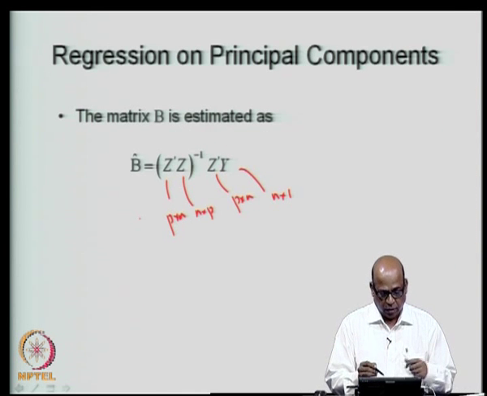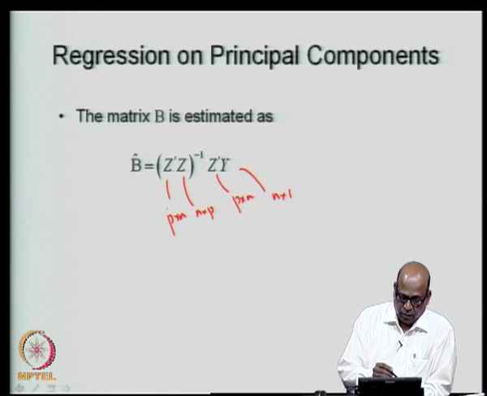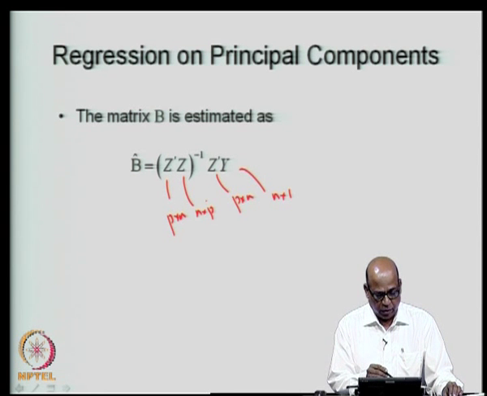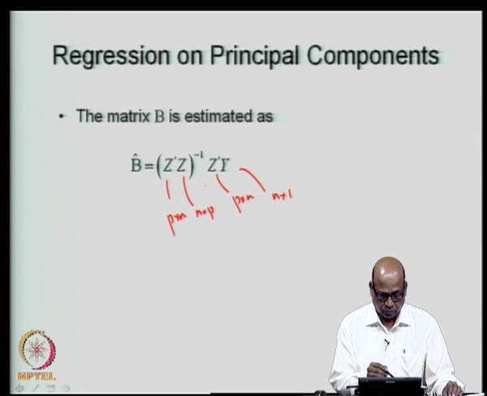I am sorry, let us look at that. This is n by p, z is n by p matrix, and z dash is p by n. So, you will get p by p, and z dash is p by n. So, you will get p by p, p by n and n by 1.